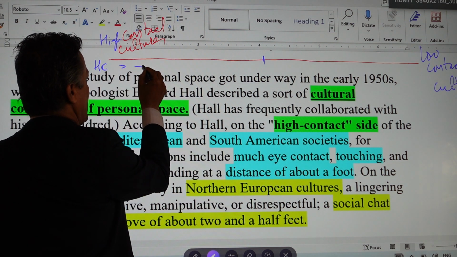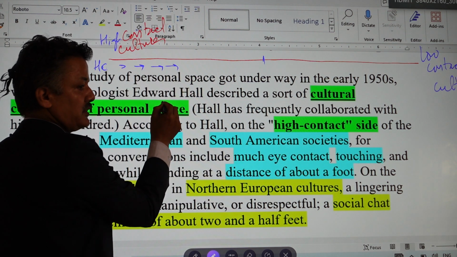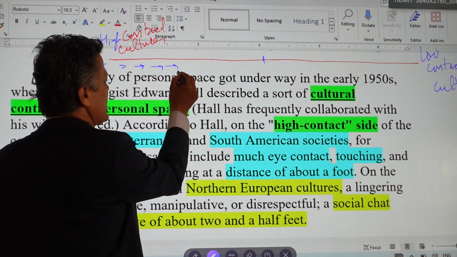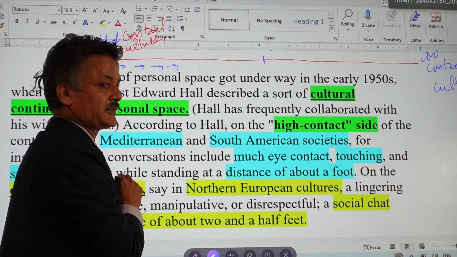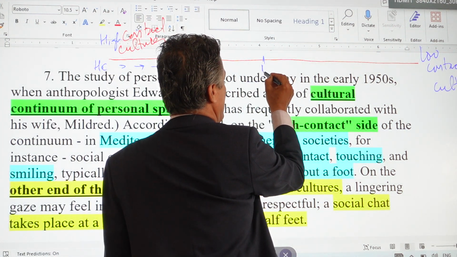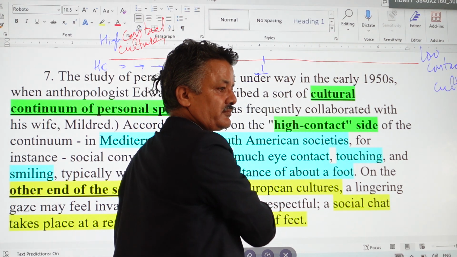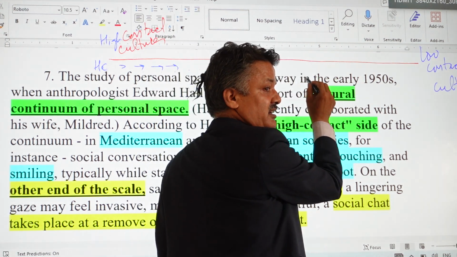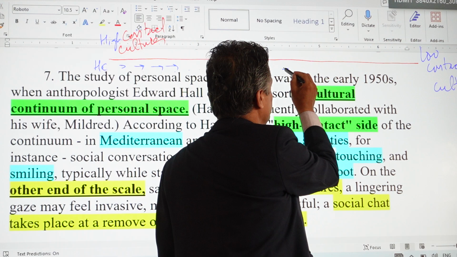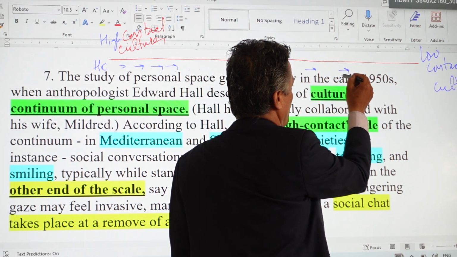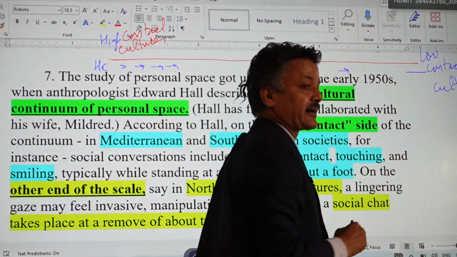As you go this side, there will be less and less contact. As you reach the middle point, there will be 50 high contact, 50 low contact. As you come this side, there will be low contact, lower contact, lower contact, lowest contact.